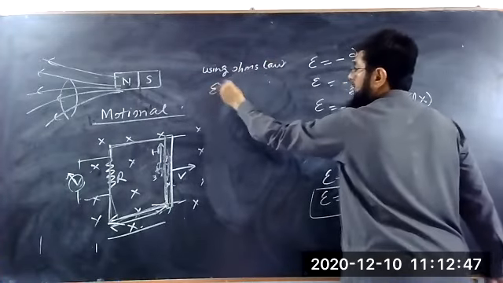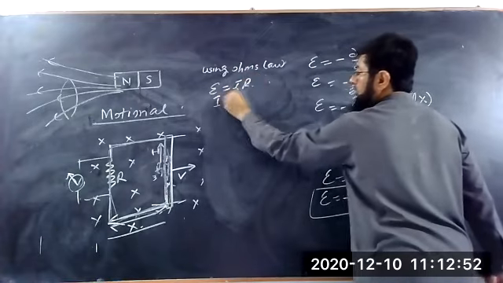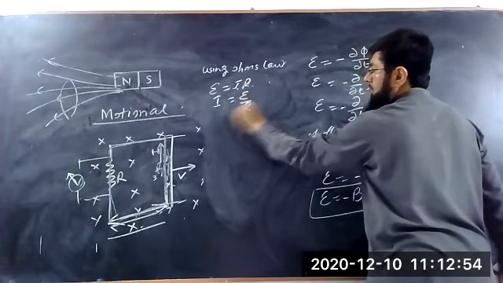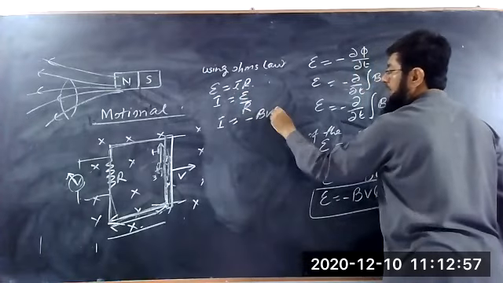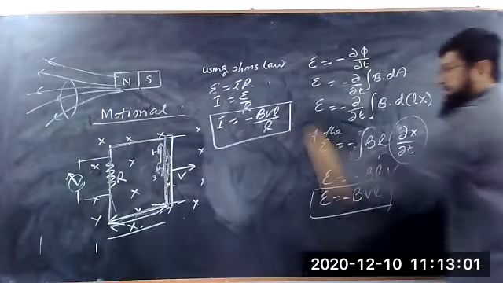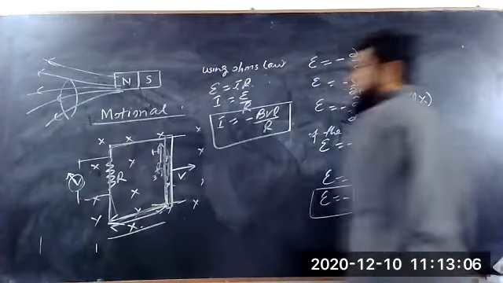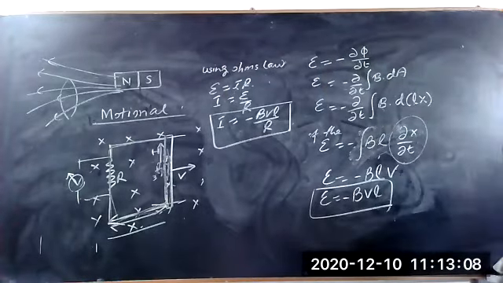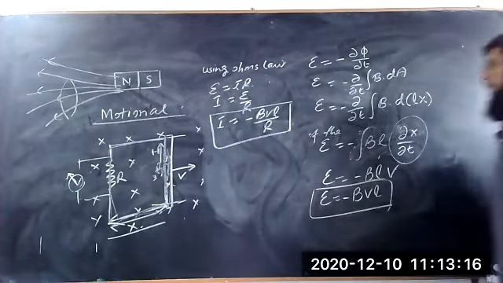E is equal to I into R. So I is equal to E upon R. So I is equal to E, which is equal to minus B v L upon R. So this is the current in the wire. This is known as the induced current. The current induced in the wire is equal to this, which is the current flowing through the resistor. So I is equal to minus B v L over R.